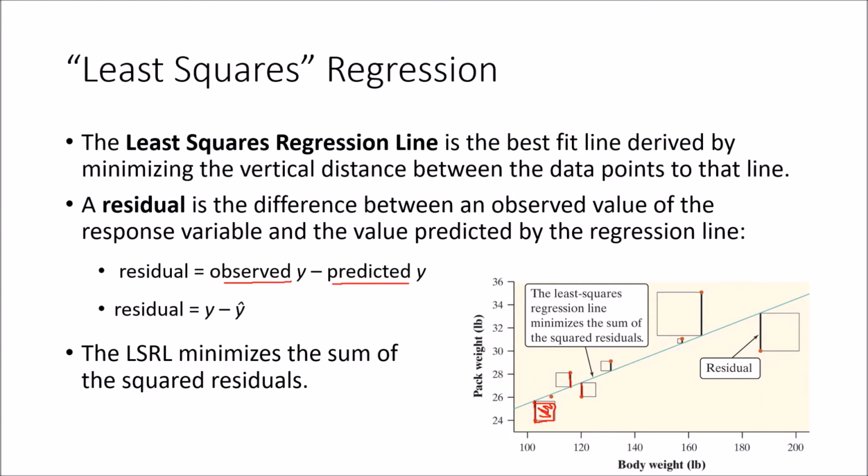If I add up the areas of all the squares, that sum would be the smallest using this best fit line compared to the sum of squares using any other line.